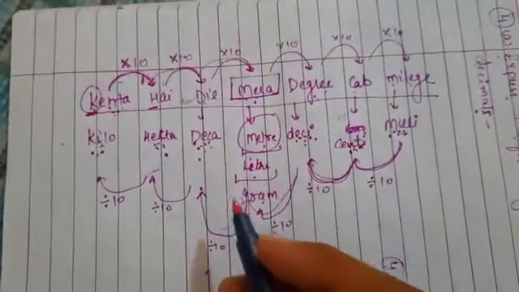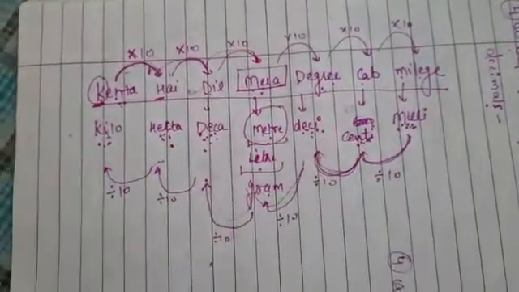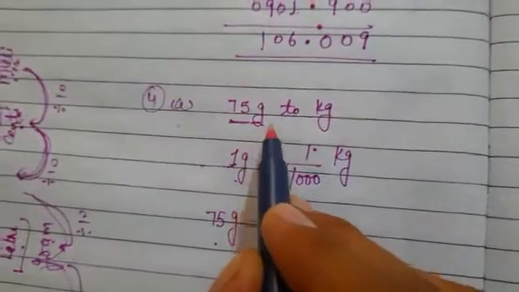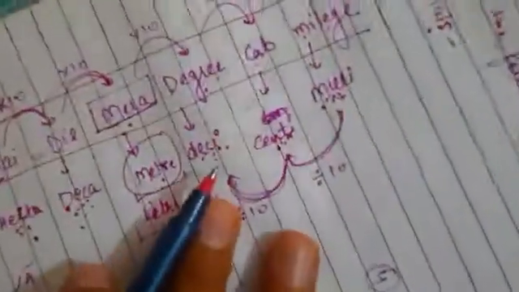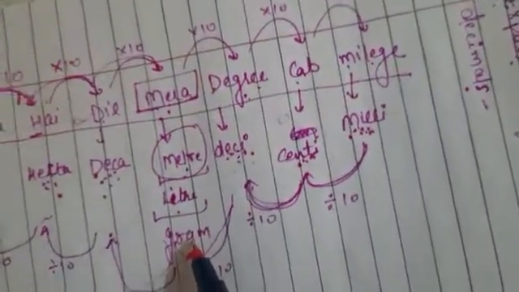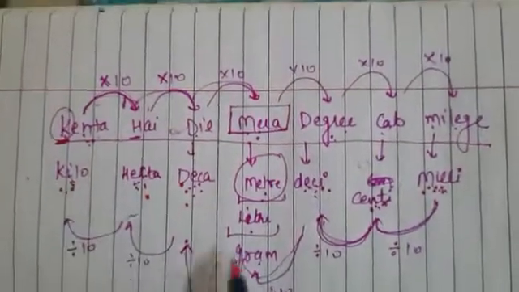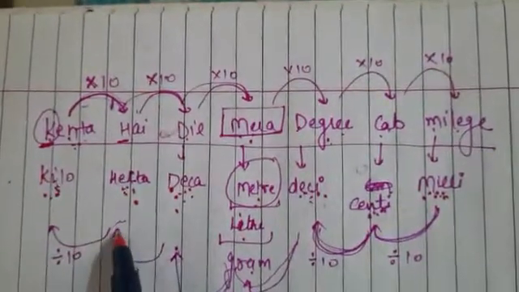Now we will do questions, then maybe you can easily understand. See there, 75 gram to kilogram. We have to convert 75 gram to kilogram. It means we move from gram to kilogram, 1 2 3 steps.